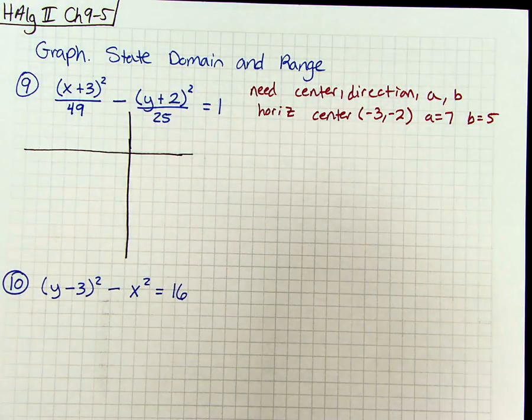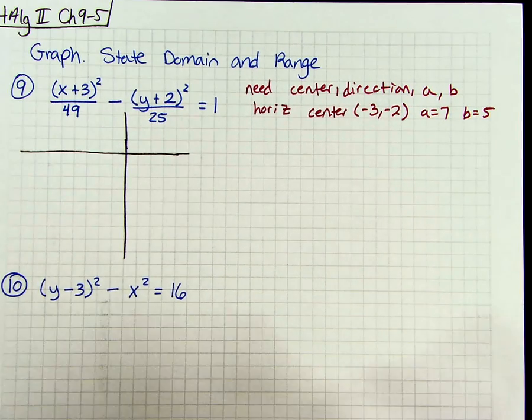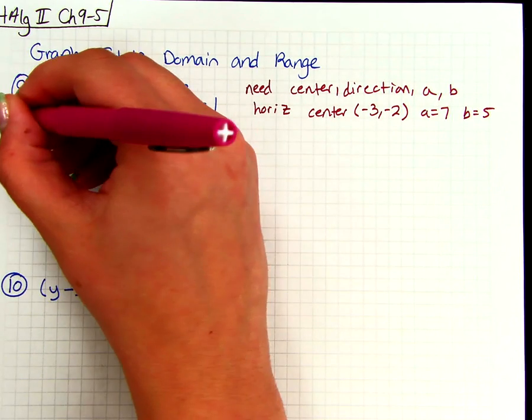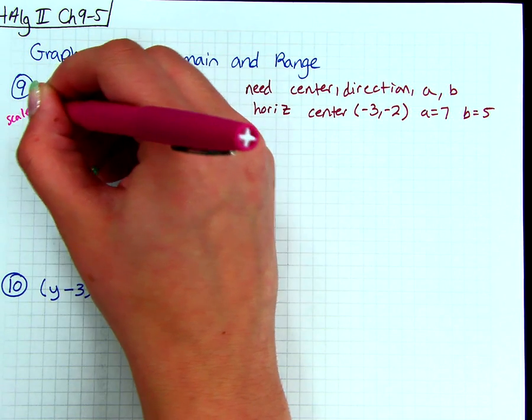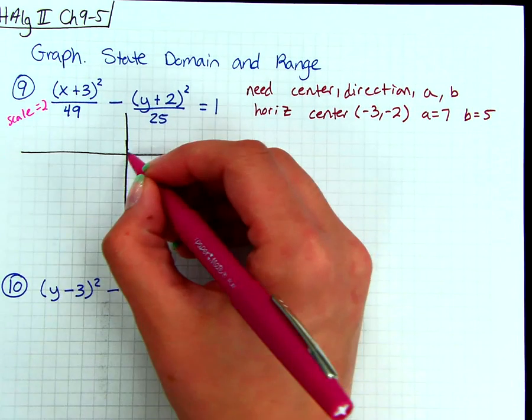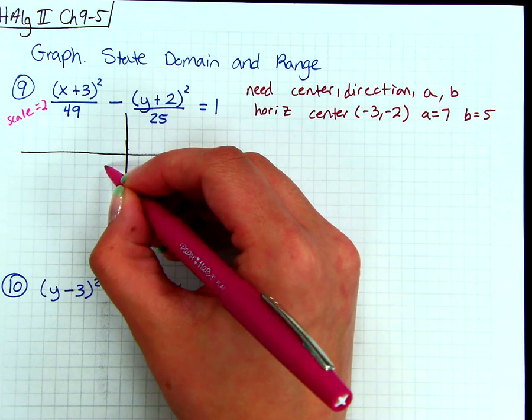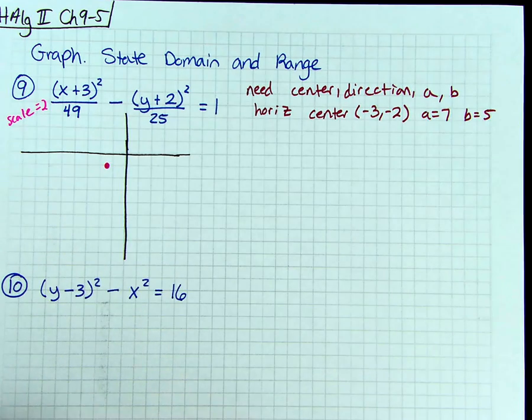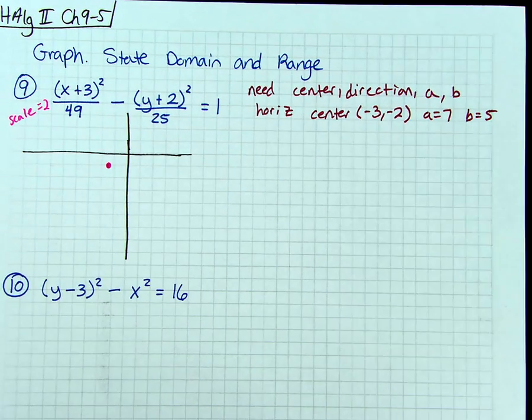If we count by 2's for both x and y, scale equals 2. So 2, halfway in between is 3, and then down 2. So here's our center.